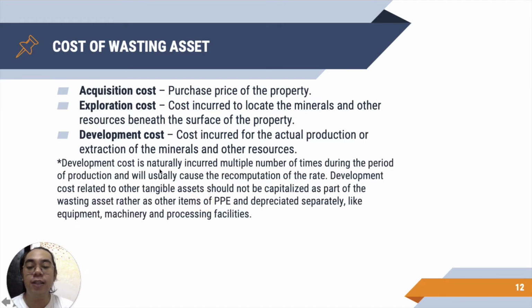Development cost is naturally incurred multiple number of times during the period of production and will usually cause the recomputation of the rate. So kapag nagbabago yung cost, there is a recomputation of depletion rate, and take note, we use it as a change in accounting estimate or prospectively.